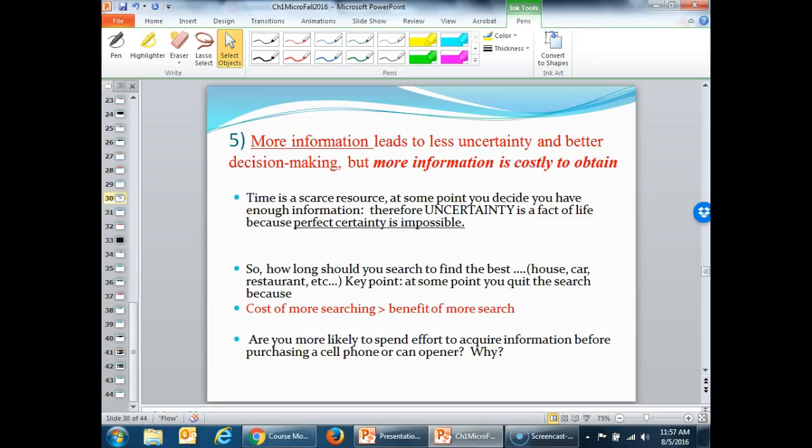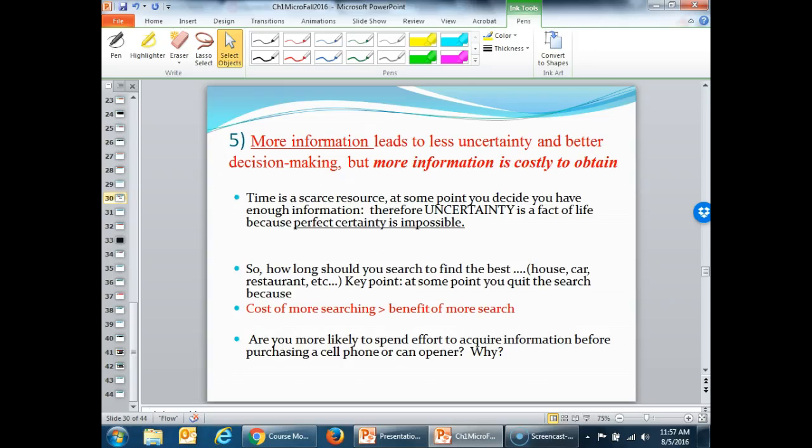I got to move. I need a new house. So this is a huge investment. And I'm going to be looking at neighborhoods, school zones, country club areas, green space, access to roads, etc. So I don't want to be stuck with a house that I hate. So what are you going to do? You're going to search, and you're going to continue to search to find the best house possible.